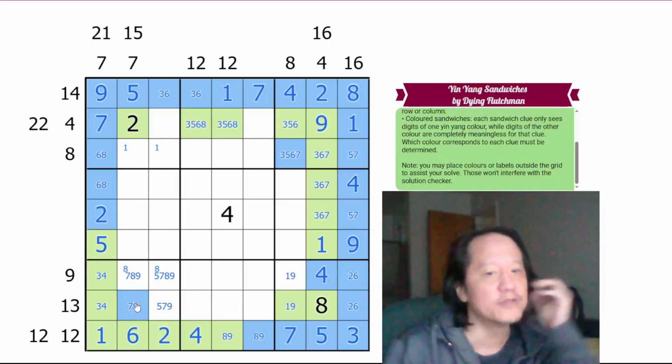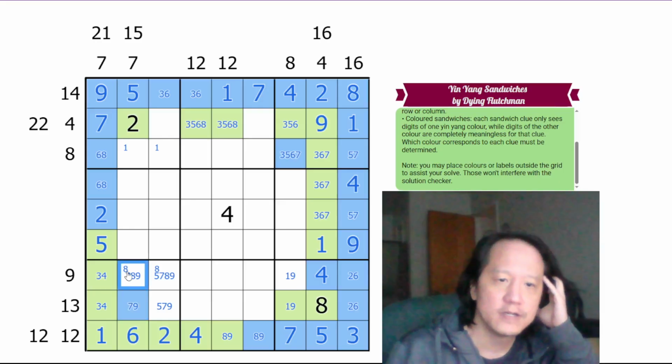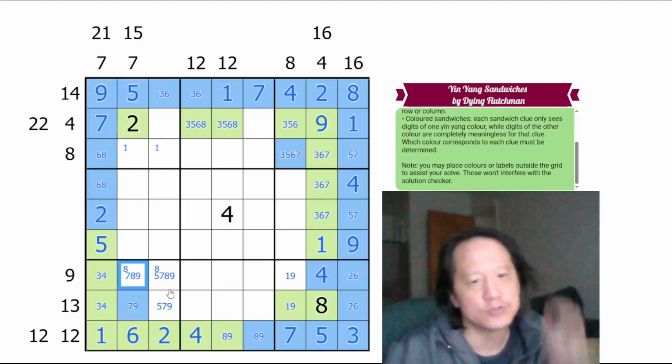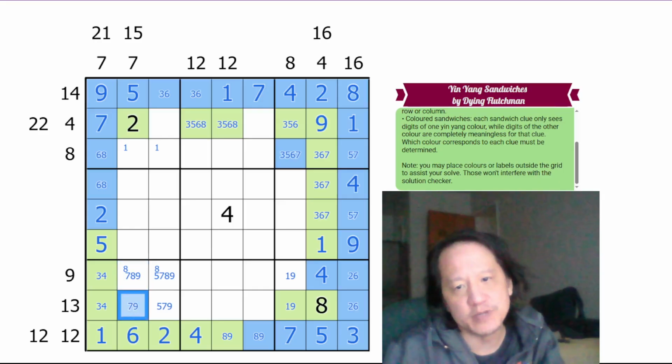Because if we have another extra here, that's 7, even if this is 9, there's not enough digits in between to add up to 22, which is what we need the sum to add up to. So this must be a 9.